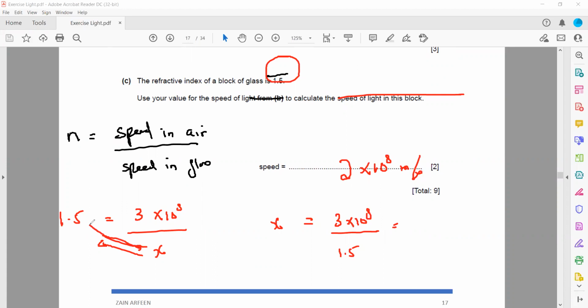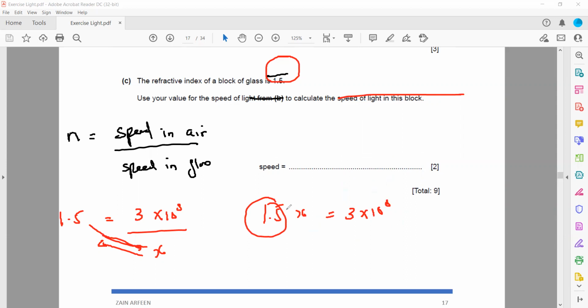So this x first will be multiplied there. You can solve in steps if you find it difficult moving the two numbers directly. So x is divided here, x will be multiplied. So it will become 1.5x is equal to 3 into 10 to the power 8. And now this 1.5 is multiplied with x. Other side it will be divided. So x will be equal to 3 into 10 to the power 8 divided by 1.5. So it will give you 2 into 10 to the power 8 meters per second.